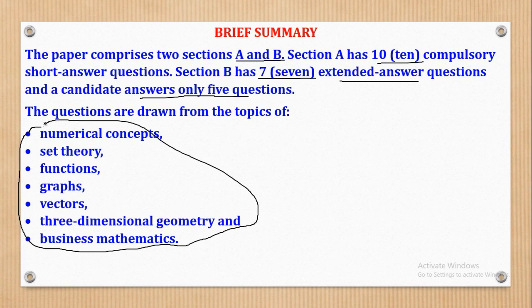As you're preparing for Math paper 2, always remember that these are the topics you are to expect in your paper: numerical concepts, set theory, functions, graphs, vectors, three-dimensional geometry, and lastly business mathematics.